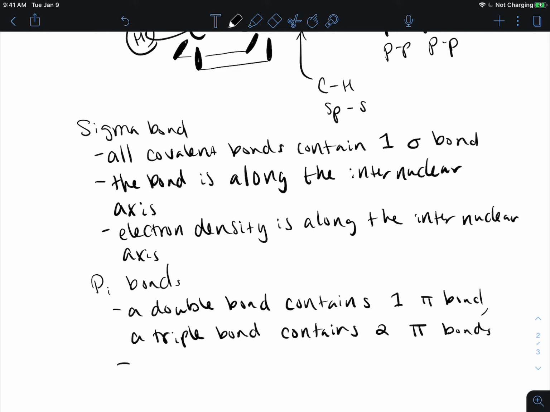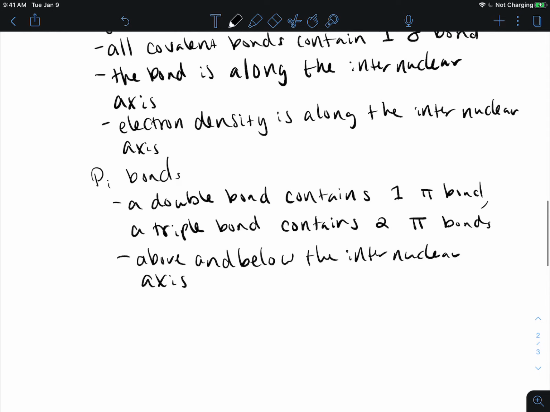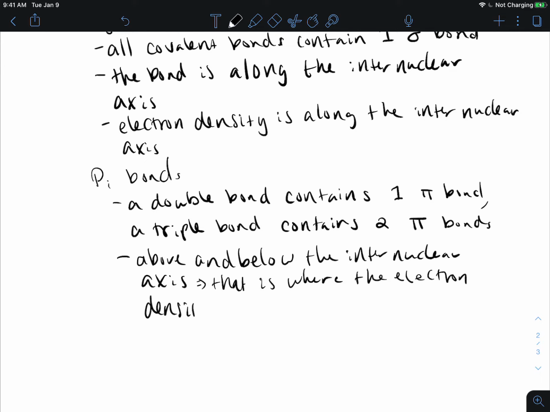The pi bond itself is above and below the internuclear axis. And because of this, that's where the electron density is. There is no electron density along the internuclear axis in a pi bond.